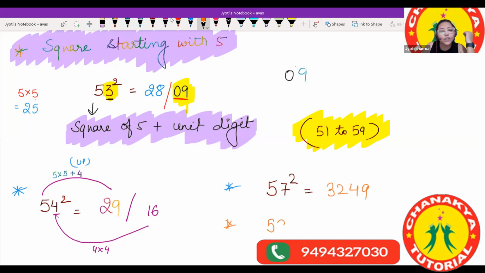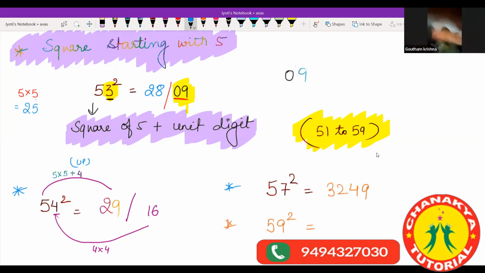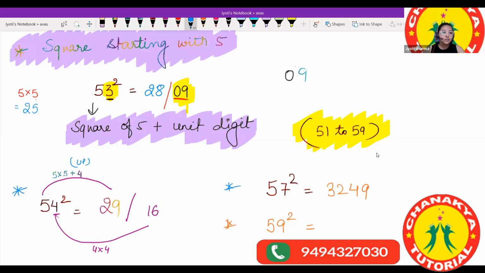Okay, let's take one more question. 59 square. Do this one. Okay, I got so many answers.